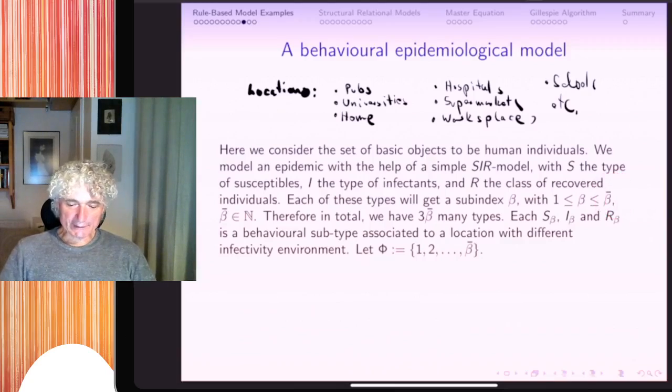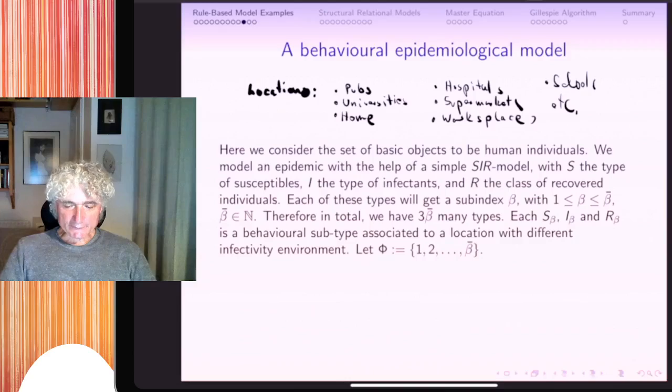So what you have to think of, for example, look at the susceptible individuals. So the susceptible individuals have a subindex beta, and this is whether they are in pubs, whether they are at universities, at homes, supermarkets, etc.